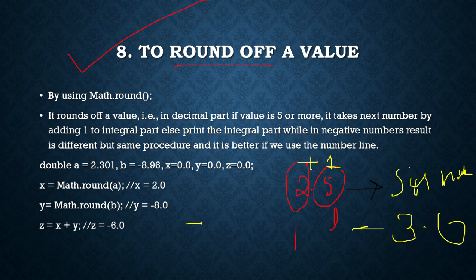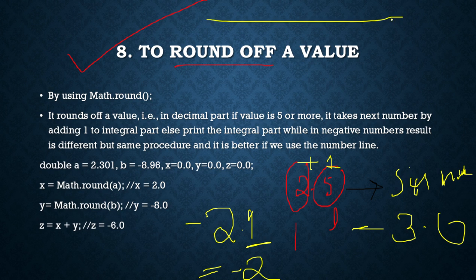What if I give you -2.9? It rounds off and gives the bigger value. What is the bigger value to -2.9? Not -3, it is -2. If you take a number line, suppose this is 0, this is -1, this is -2, this is -3. -2.9 lies somewhere here. This is the smaller value, this is the bigger value.